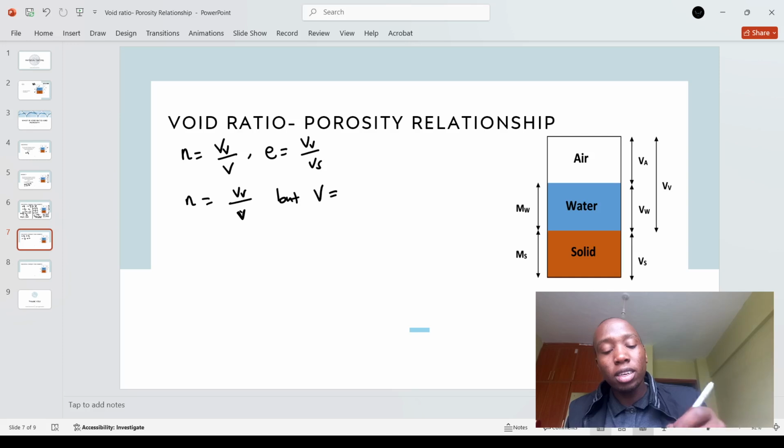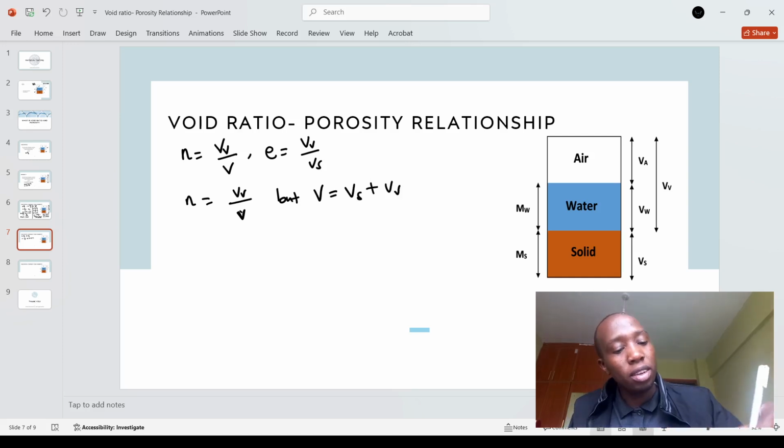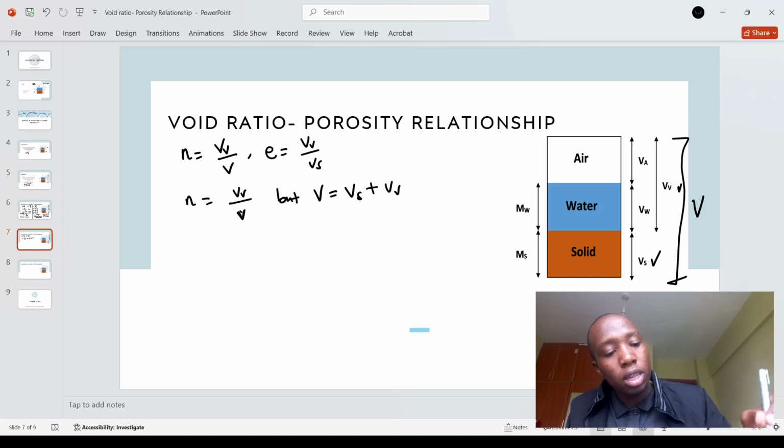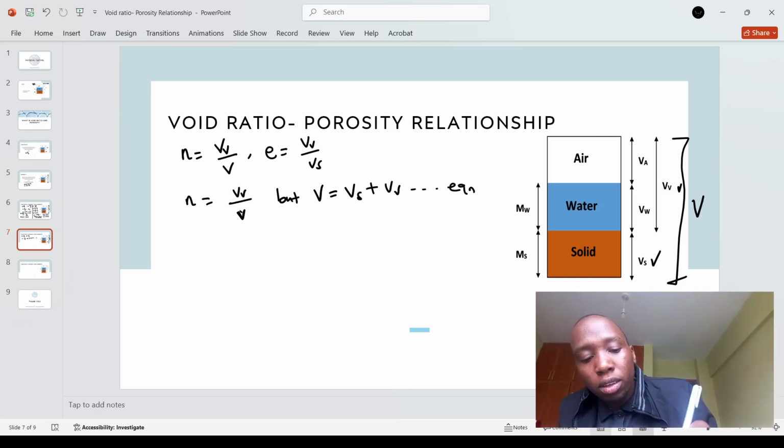We can represent it as the volume of solids plus the volume of voids. As you can see here, the volume of solids plus the volume of voids will give you the total volume V. Let's call this equation 2, call this equation 1.